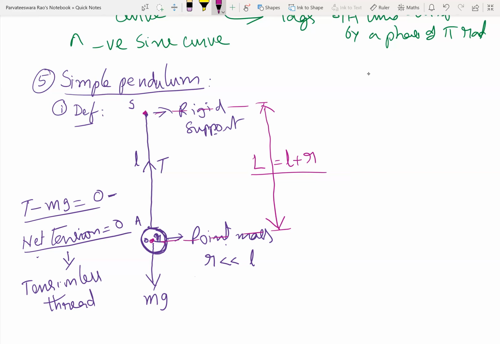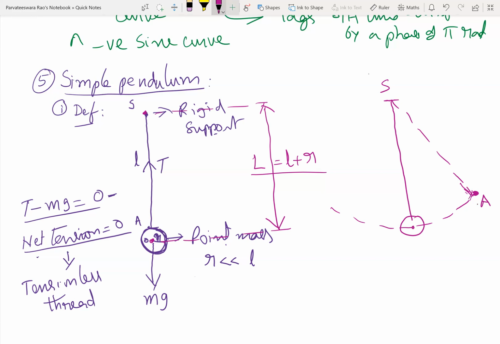Next, here is the pendulum. This is the point of support. You have taken it to the position A, we can call it the extreme position, and you leave the bob from A. What will happen?